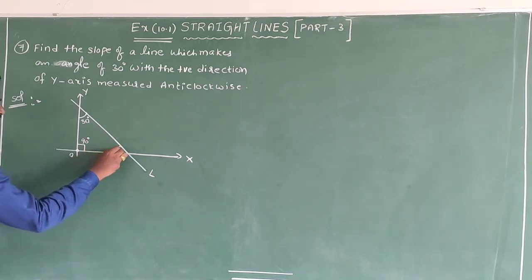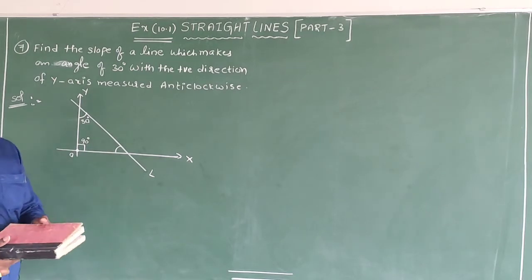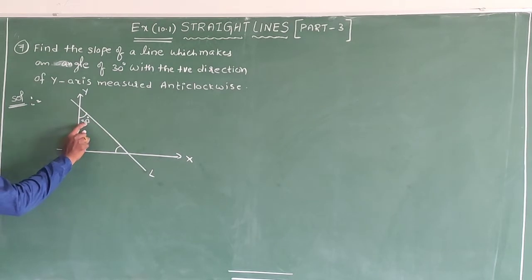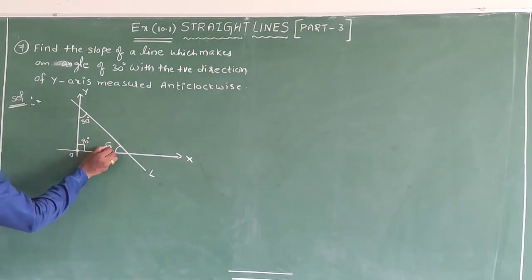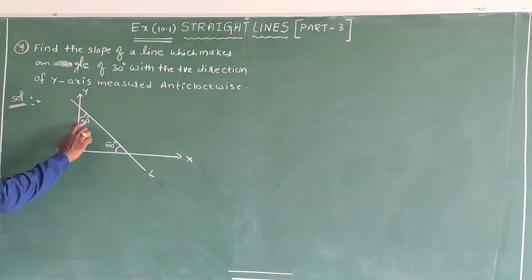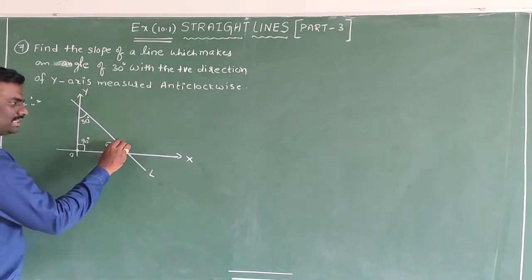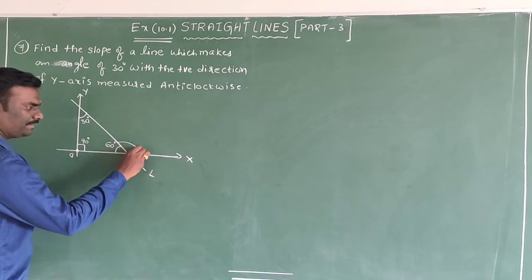90. We know that the sum of angles in a triangle is 180 degrees. This is 90, this is 30. Add 90 plus 30, 120. That's why the remaining angle is 60. Why? Because if you add these three angles, you will get 180. Now this is 60, then what about this angle?